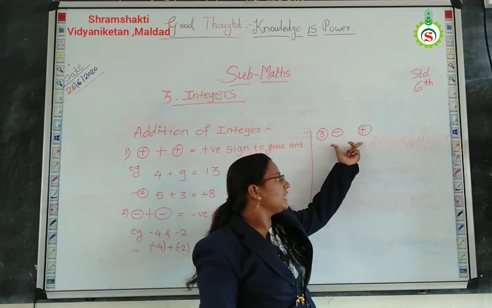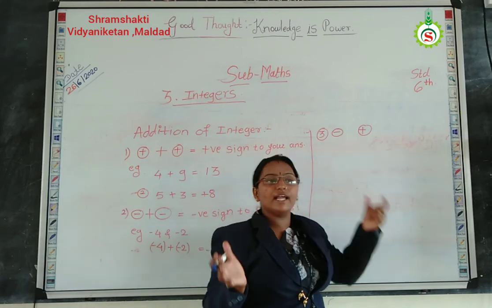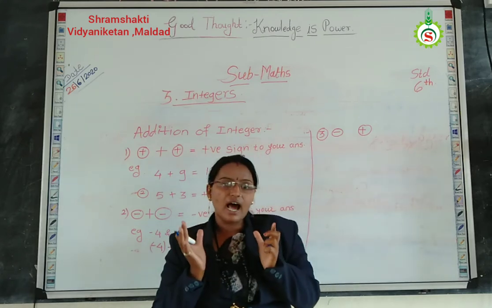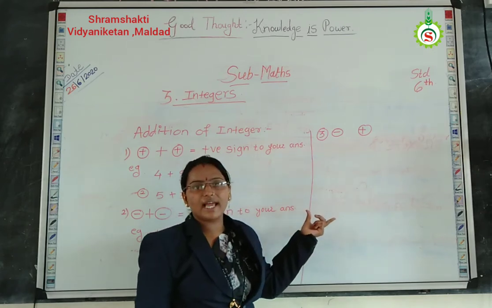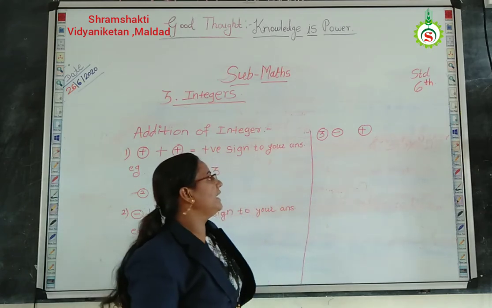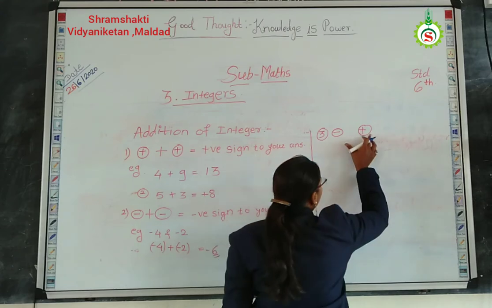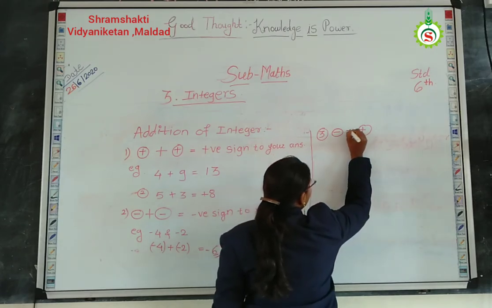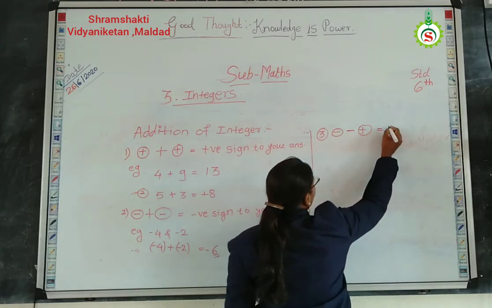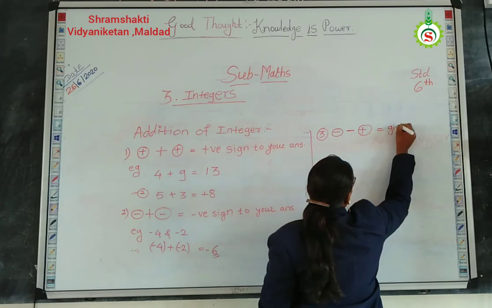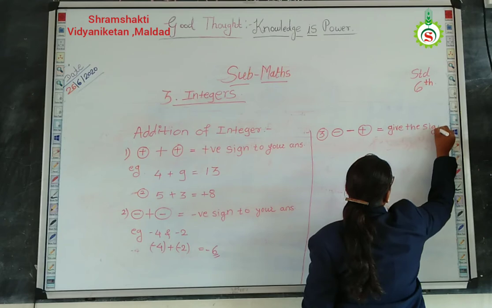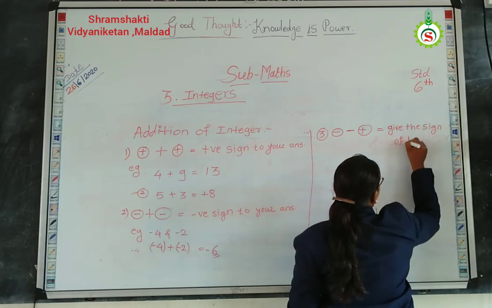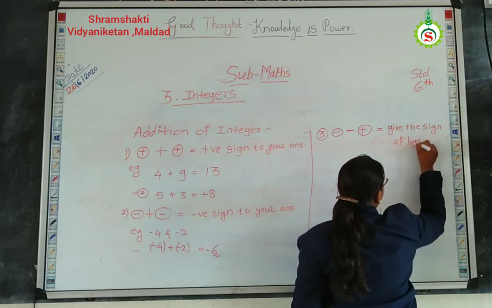When the signs of both the integers are different, in this case you have to do subtraction between both the integers, and give the sign of the biggest number or greatest number.